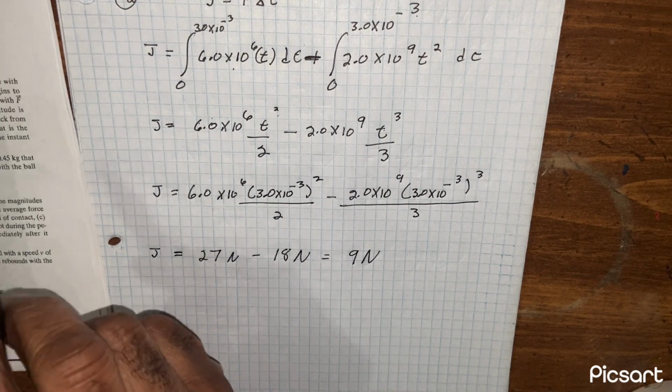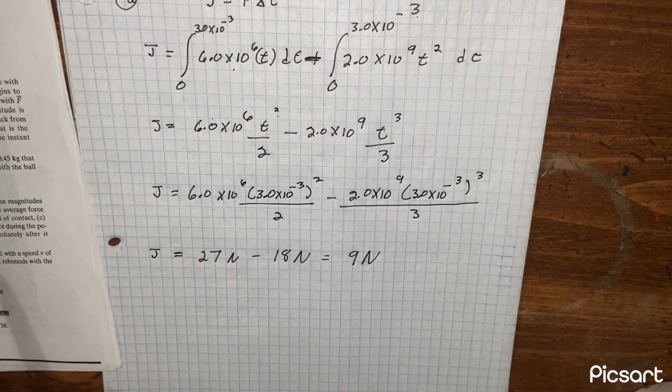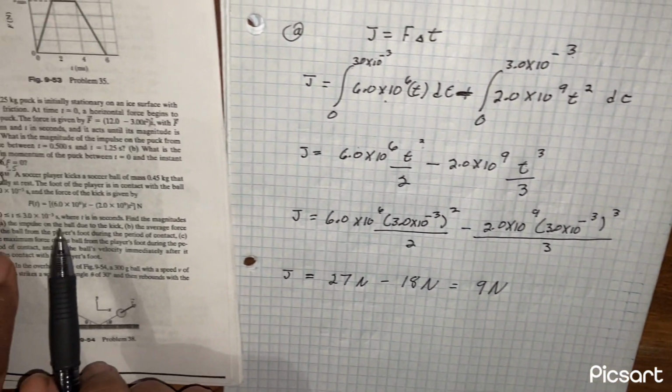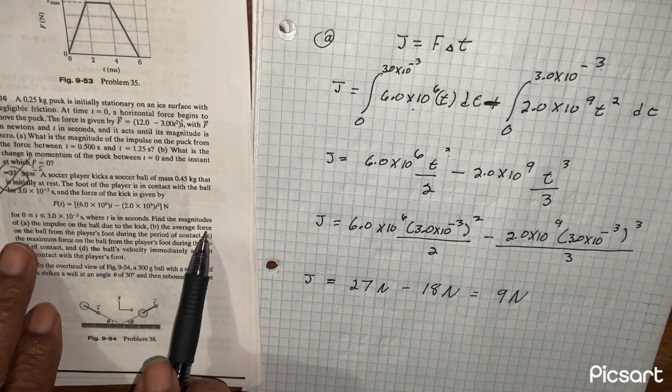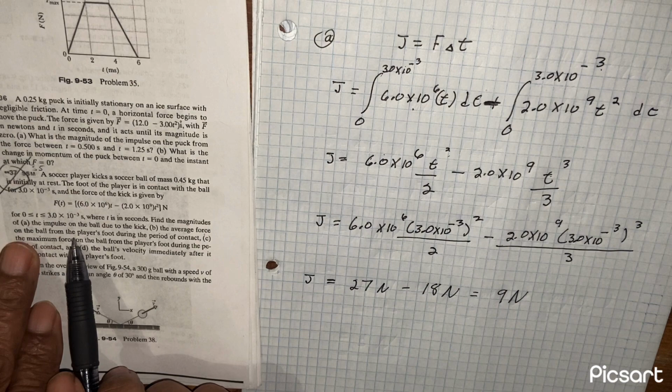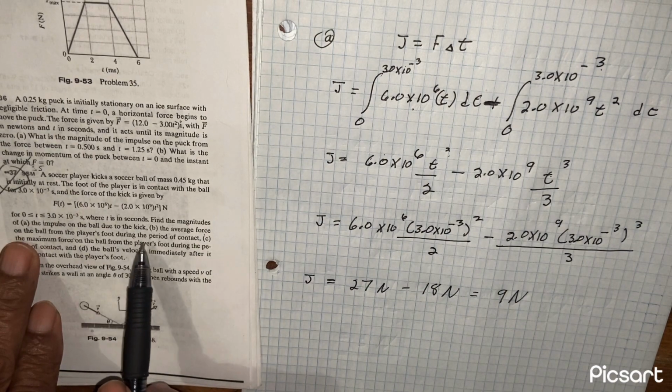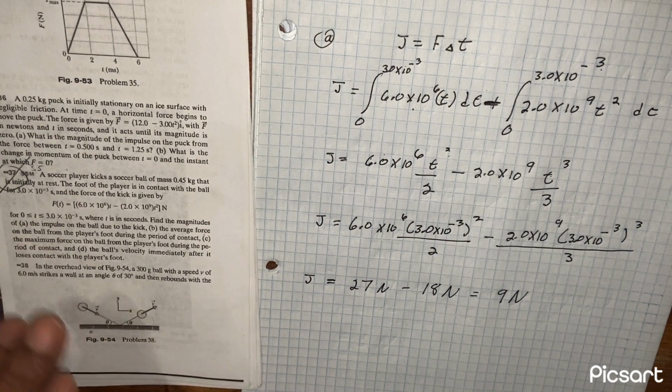for A. And part B says the average force on the ball from the player's foot during the period of contact.